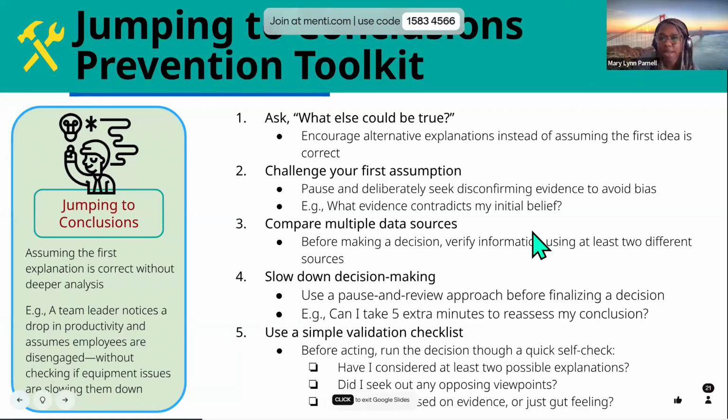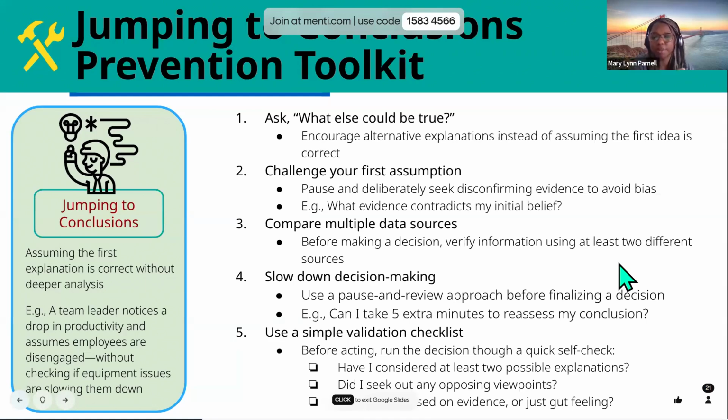Comparing multiple data sources. So, before making a decision, verify the information by using at least two different sources. When you ask what different sources there can be, there can be qualitative sources, which means you're asking your team members what's happening. There's quantitative information, which are your numbers, your metrics.